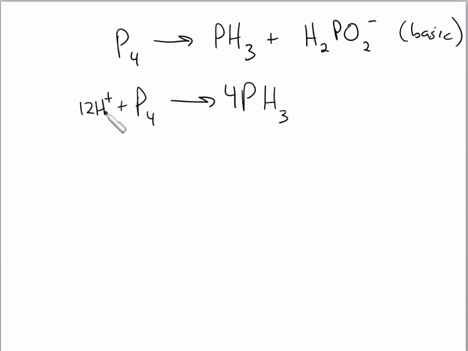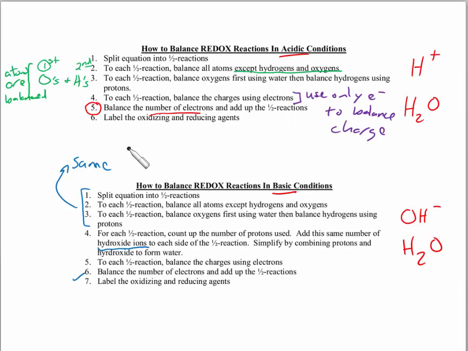I want to get rid of those protons, and I will jump back to the set of rules. The one that's different here is this one; everything else is the same as up there. What it's telling me to do is add the same number of hydroxides on both sides of the equation.